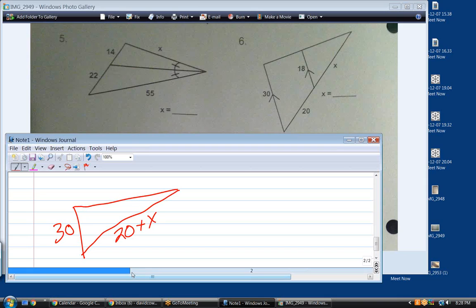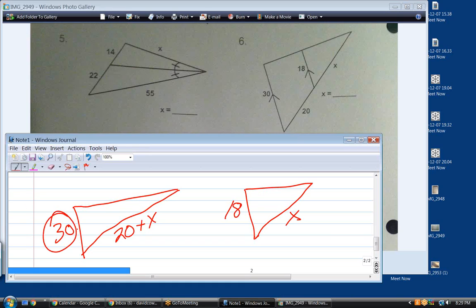That side. Now let's draw the small triangle. That's x, that's 18. That's all we need to solve for x. Why? Because I have this fundamental relationship between this part of the triangle and this part of the triangle. Between triangles, I have found a relationship.